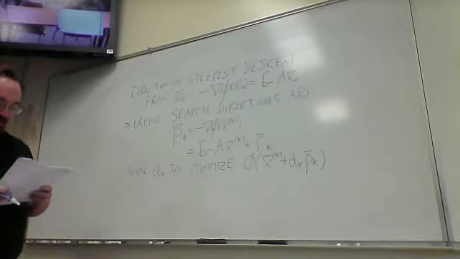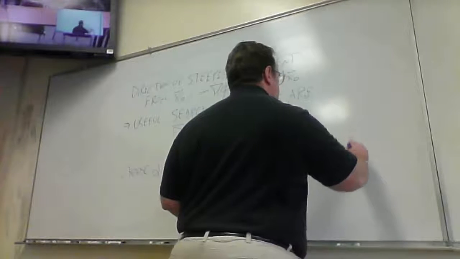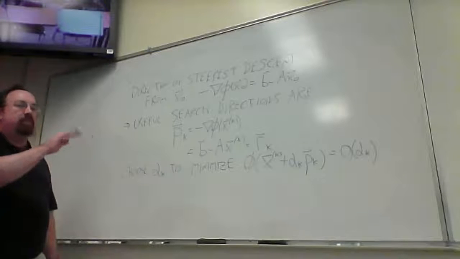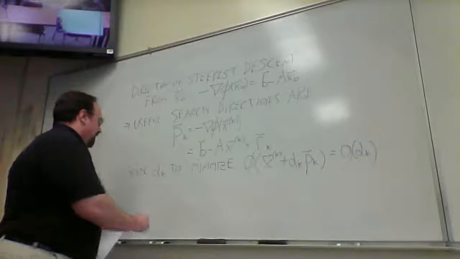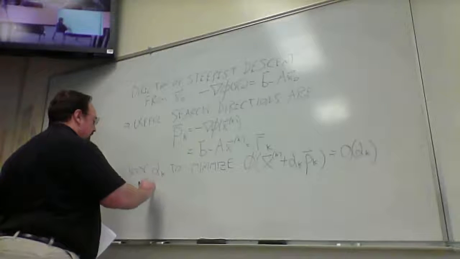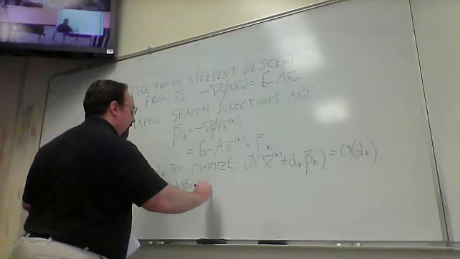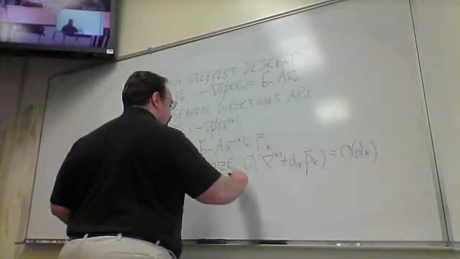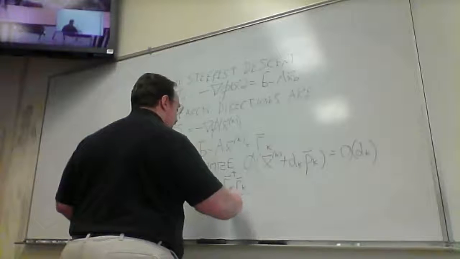So I'm going to think of this as a function. I can call this g of alpha k. So now I can do one-dimensional minimization. I'll take its derivative, set it equal to 0, and what do I get? So g prime of alpha k equals 0 when alpha k turns out to be rk transpose rk over rk transpose A rk.